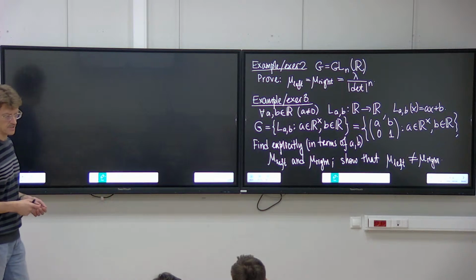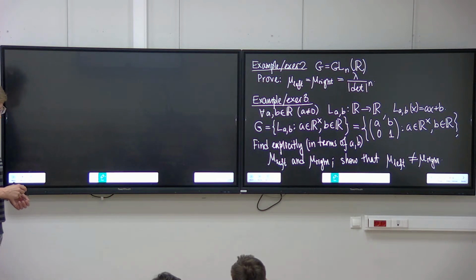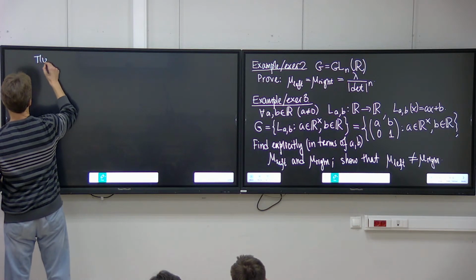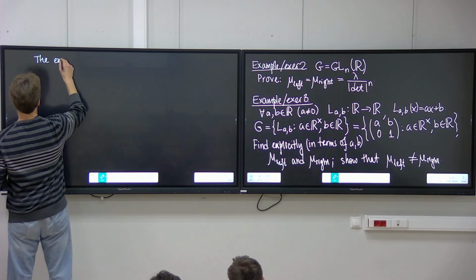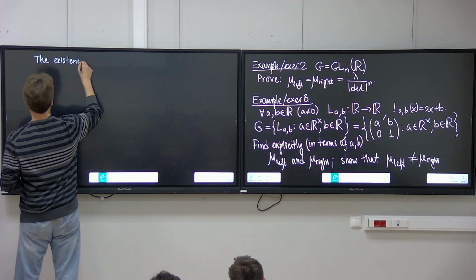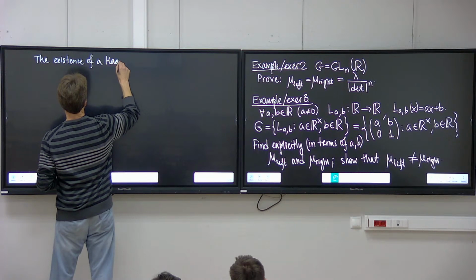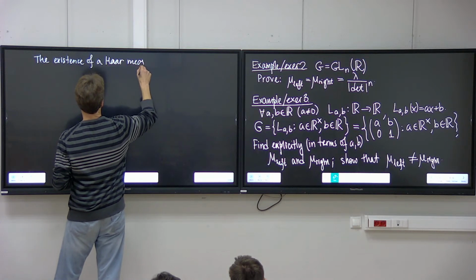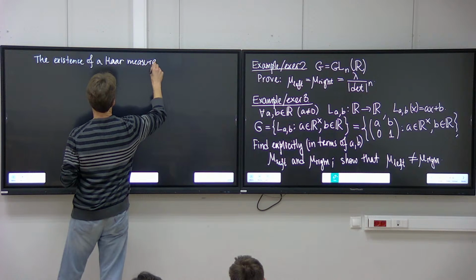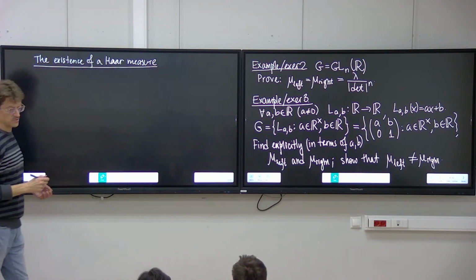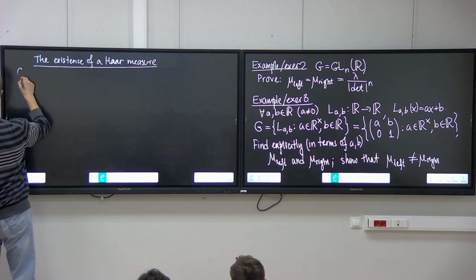Let's now turn to the existence of Haar measure in the general case. So suppose that G is a locally compact group.